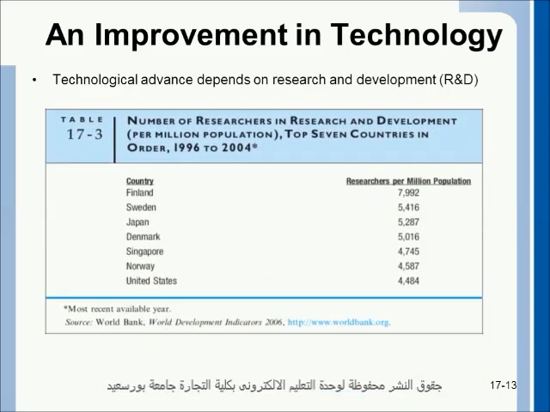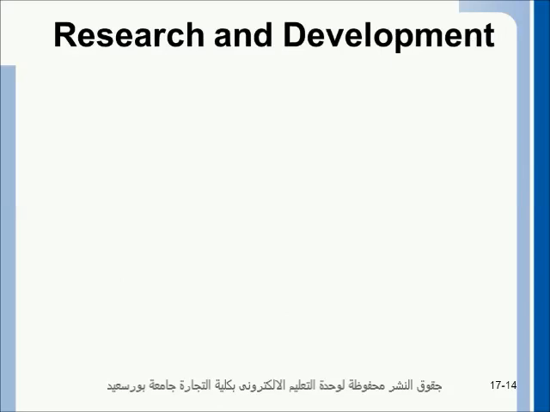Table 3 gives the number of researchers in research and development per million population in the top 7 countries, like Finland, Sweden, Japan, Denmark, Singapore, Norway, and the United States. And this table shows the expenditure on technology in the top 10 countries.